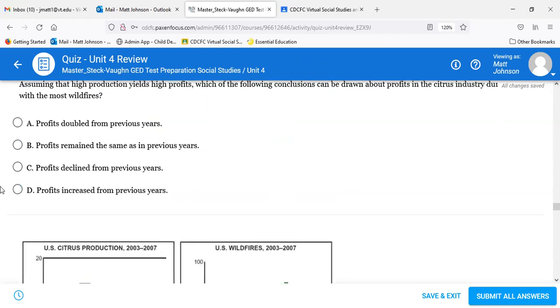17 is the same data. How about Nilda? You want to read number 17 for us? Yes.